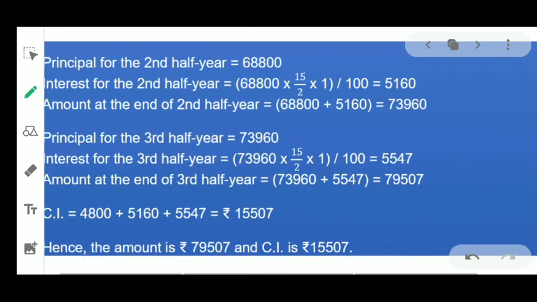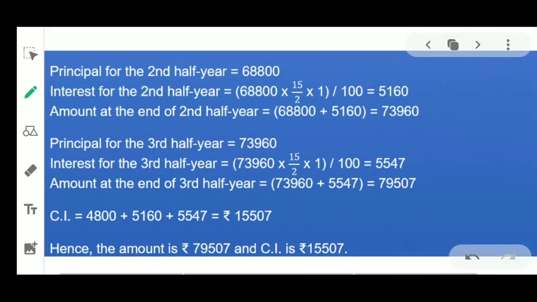Next, principal for the second half year equals 68,800, because in compound interest the principal for the second period will be the amount at the end of the first period. Now interest for the second half year equals P into R into T by 100.